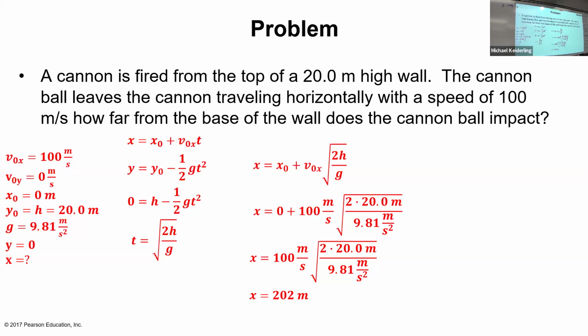The inside of the square root comes to a little bit more than 4, so you get about 2.02 times 100, about 200.